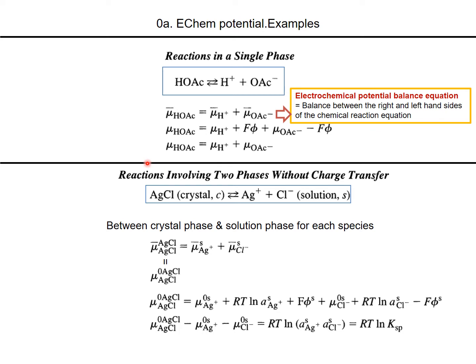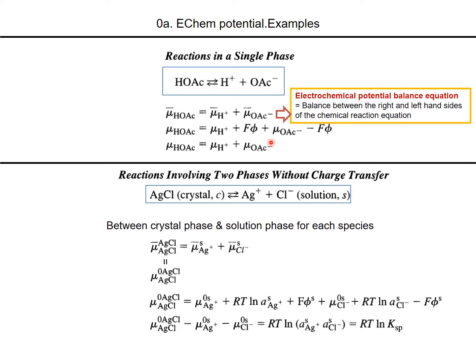So finally, the chemical potential of acetic acid is equal to the chemical potential of proton plus the chemical potential of acetate anion. It means that for a chemical reaction instead of an electrochemical reaction, the electrochemical potential is just the chemical potential like that. All terms have only chemical potential without an electric potential term.